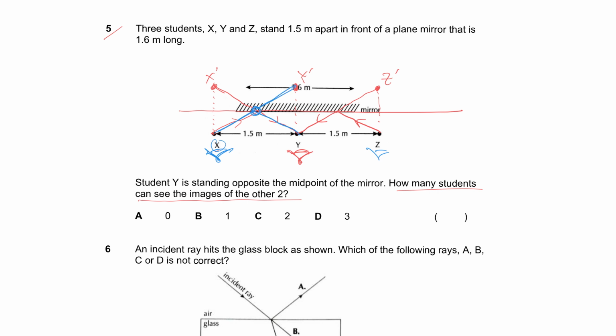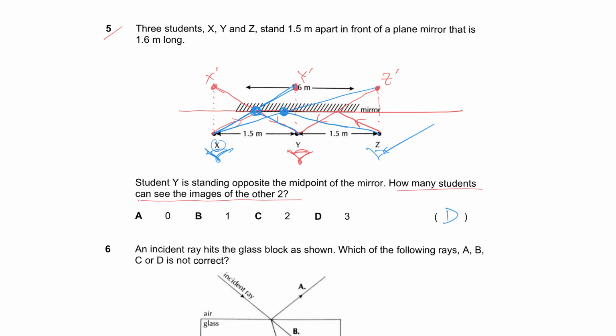So once again, the point of incidence falls on the mirror. Then you can see the friend. Likewise for Z over here. All right, same thing, it falls here. So it's the same for this side because they are symmetrical. So that means to say all three will be able to see each other, or the other two friends.